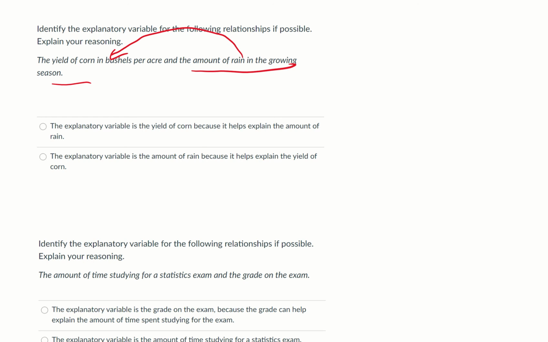So maybe the more rain you get, the more corn you end up getting per acre. Okay, so if you're in a drought season, you may not get much corn. So we're thinking that the amount of rain is the explanatory variable that helps explain changes in the yield of corn. Okay, so the explanatory variable is the amount of rain because it helps predict or explain the yield of corn.